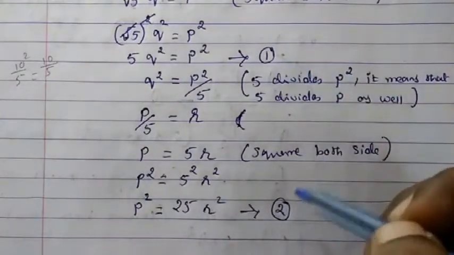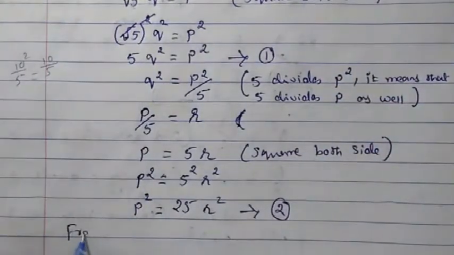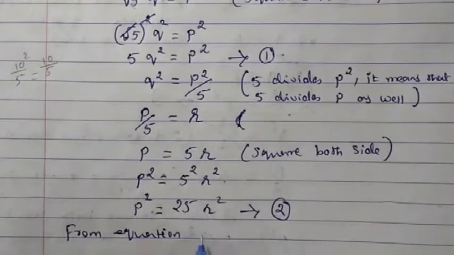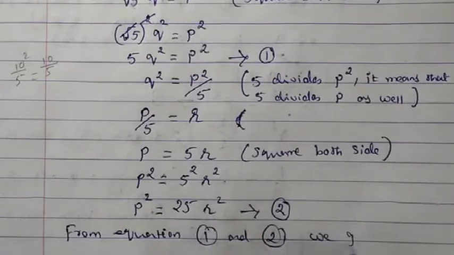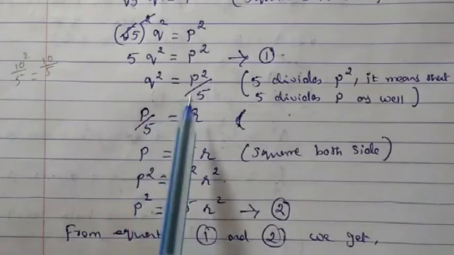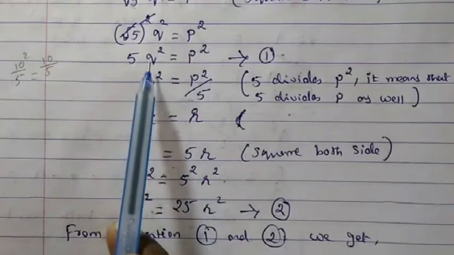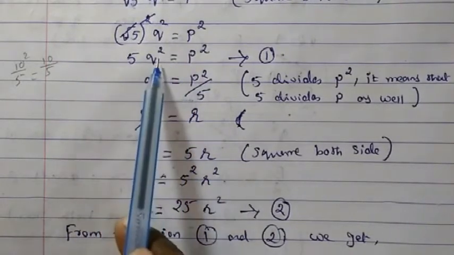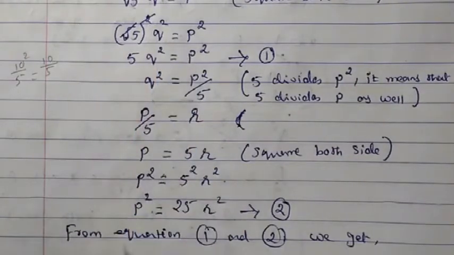Now, from equation 1 and 2, we get, see, in the place of p square, you can write from equation 1 that p square is equal to 5q square. So, from equation 1 the p square value, you can put it here in equation 2. So, in the place of p square, 5q square.